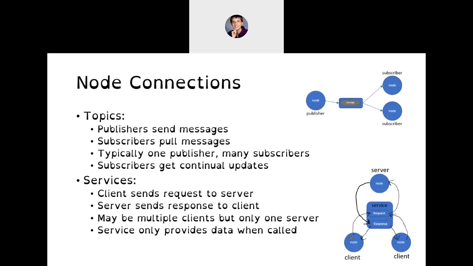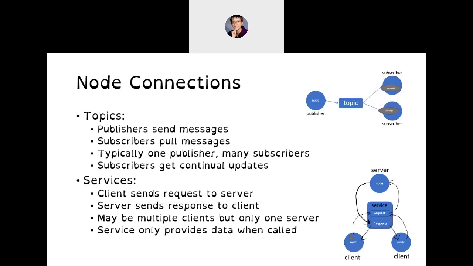The messages define how that is going to be structured. Are you providing integers? Are you providing strings? Things like that. That's what the message tells you. And it's going to publish that message to the topic. The topic is like the pipeline that we can access. And then the subscribers can pull that message from that topic. So that's one of the more basic ways that we can communicate between our nodes.